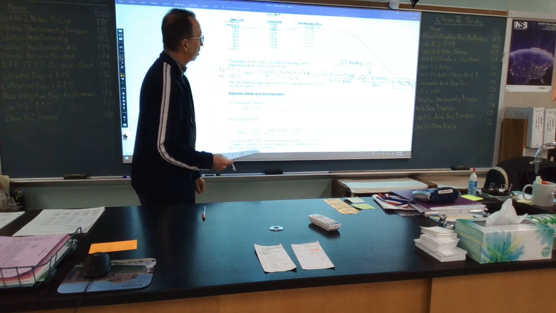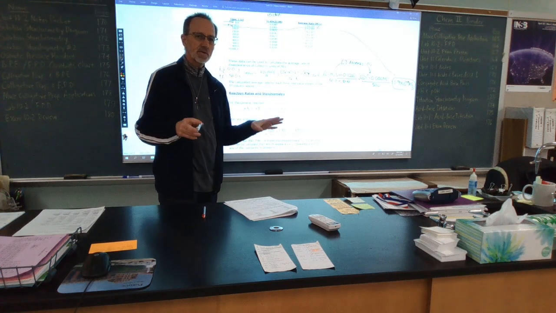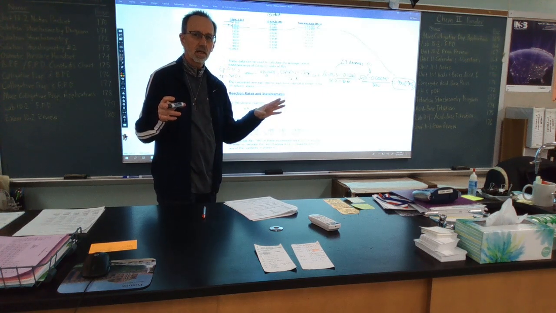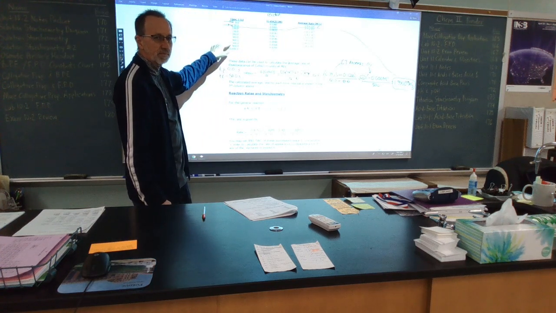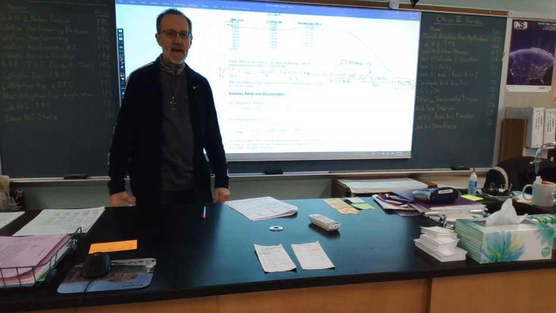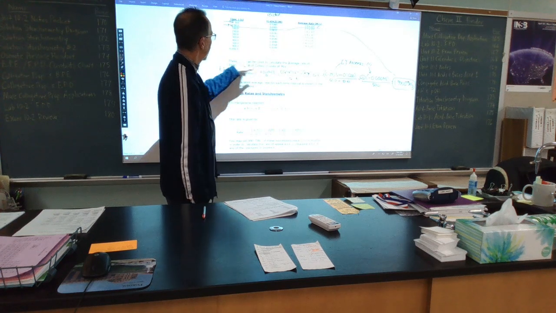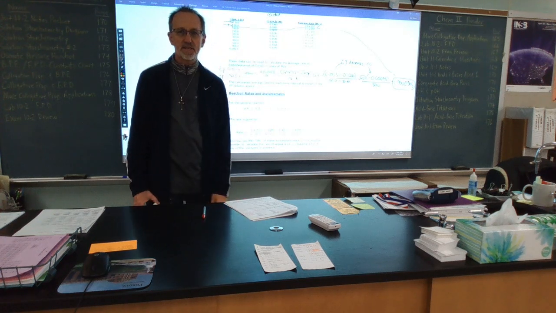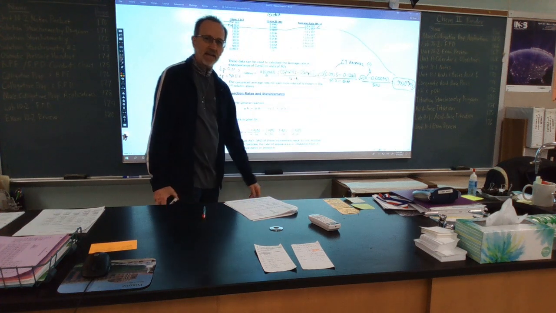All right, now we won't do any more calculations with this data, but I want you to look at something. As we take more readings after more time has passed, the concentration of our reactant continues to decrease. Ultimately, after 10,000 seconds, it's nearly gone. But notice what happens to the rate.